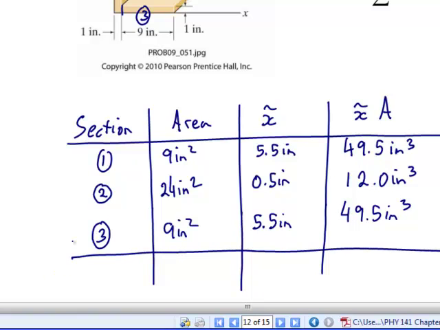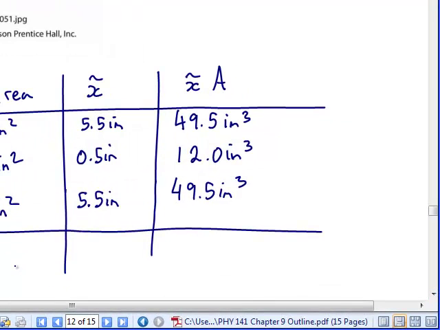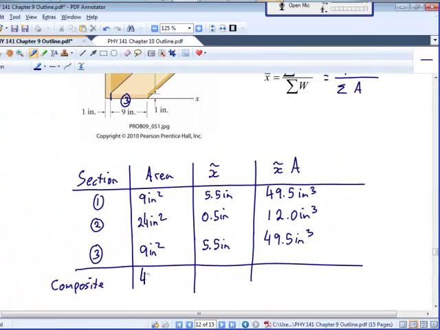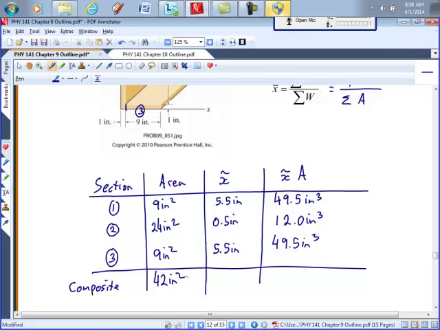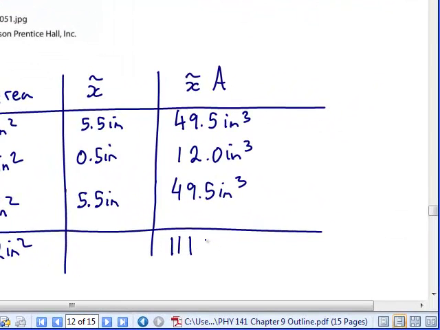So the last row in our table is the composite. The composite we get from adding up this column. So 9 and 9 is 18, and 24 is 42. 42 inches squared. And then 49.5 and 49.5 would be 99 plus 12, would be 111 inches cubed.